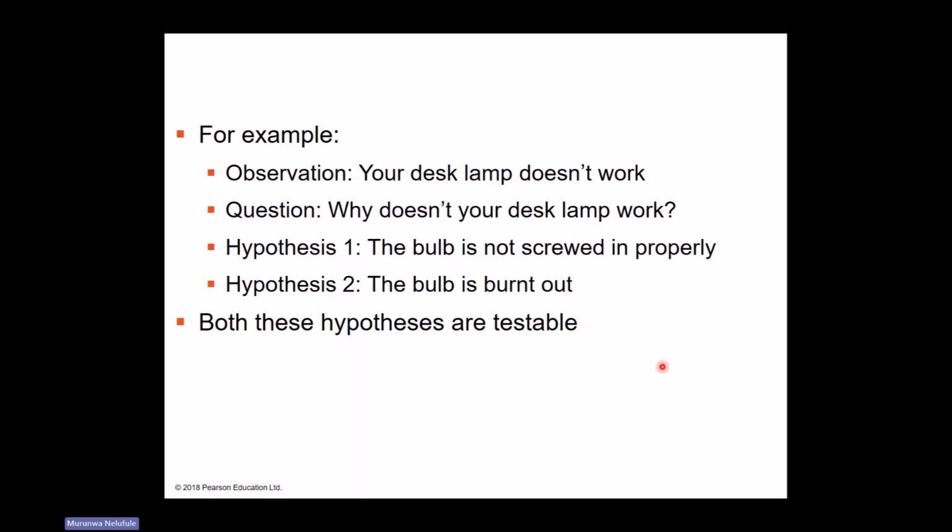We're also going to go through some examples where we give statements, and you should be able to differentiate whether a statement is testable or not. For example, I could say, please do not walk in the evening into a certain street.